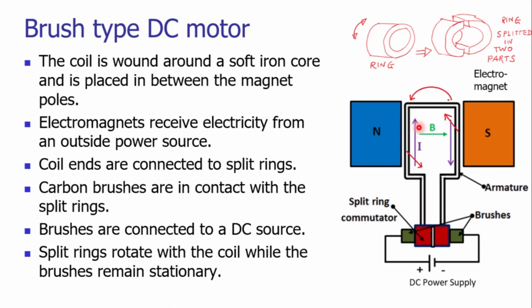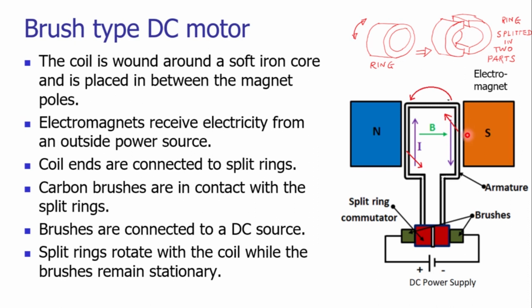When this portion, due to the magnetic field, is pushed in the downward direction, it comes near the south pole. But due to this split ring arrangement, there is a change in polarity, and that change will push this element in the anti-clockwise direction.